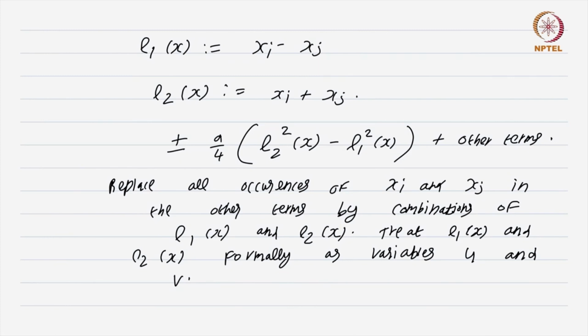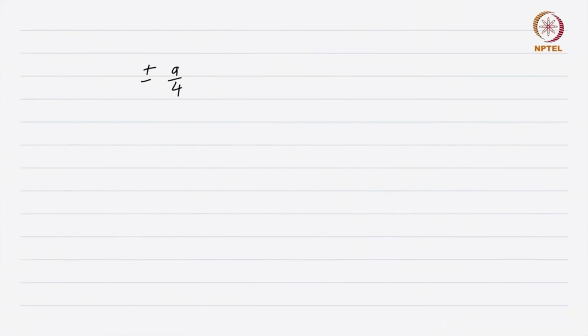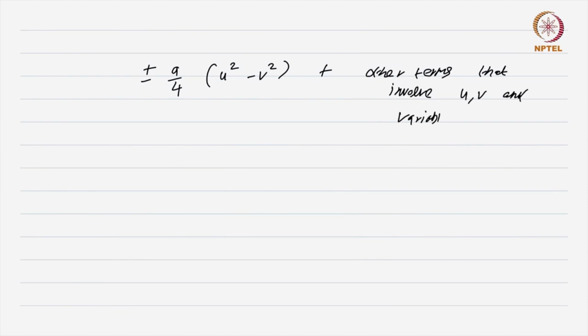So this quadratic form will just become plus or minus a by 4 into u squared minus v squared, plus other terms that involve u, v and variables other than xi and xj.